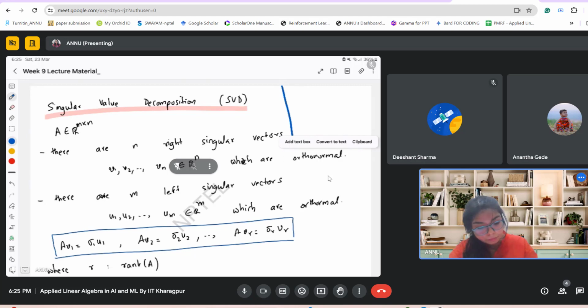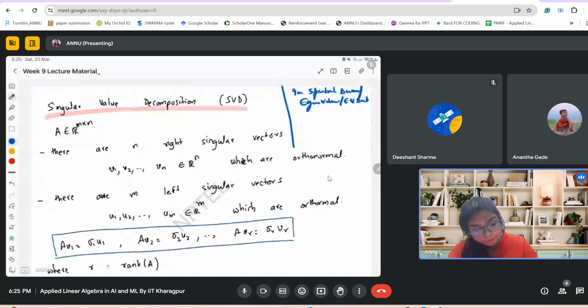So in spectral decomposition, or eigenvalue eigenvector decomposition, if you have any matrix B that is n cross n, necessarily square, there exists a matrix A, which is the eigenvector matrix.